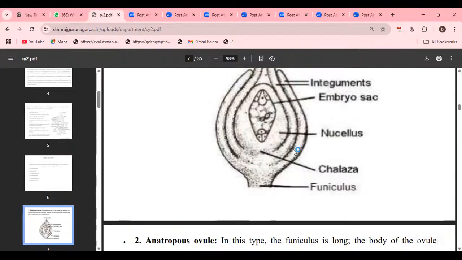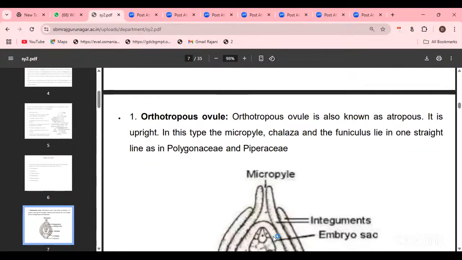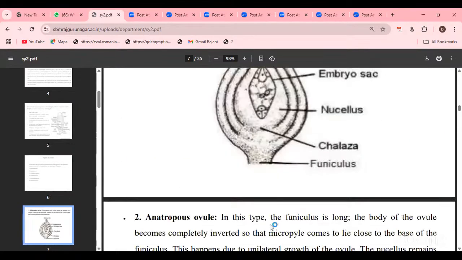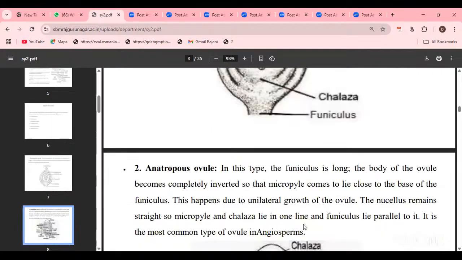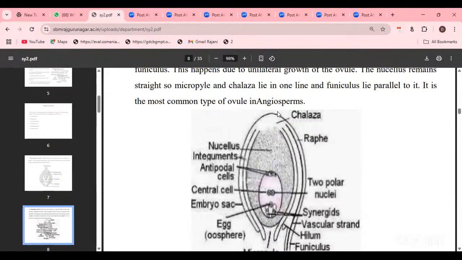Another type is the anatropous ovule. See here, you can observe the anatropous ovule. The micropyle is totally bent, opposite, and the micropyle, funicle and hilum are in the same line. In the upper part you can observe the chalaza.